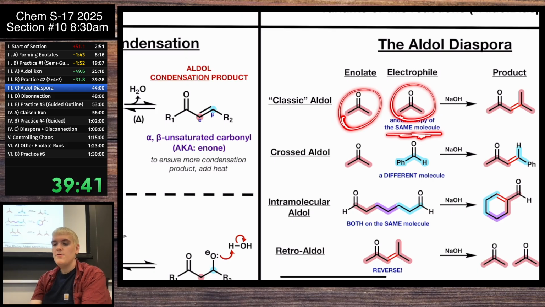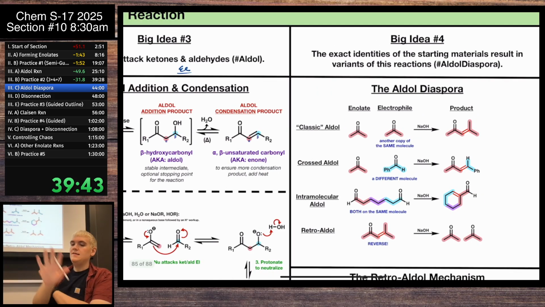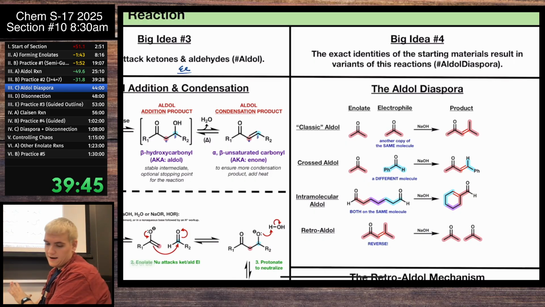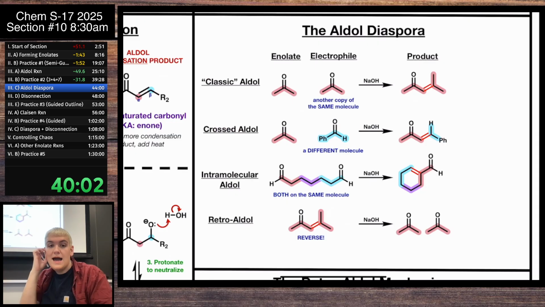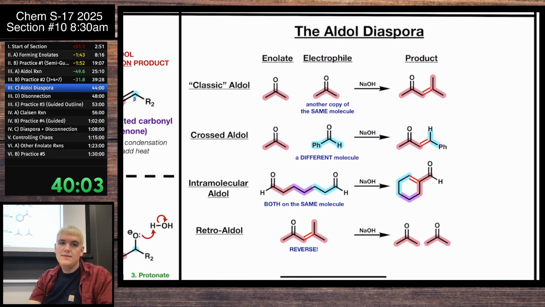But we can do a lot of variants of this, and we can see the whole aldol diaspora here, where aldol can attack other things. The only thing that makes it an aldol reaction is attacking a ketone or an aldehyde as our electrophile, but the exact identities can be different. And this is something I haven't seen commented upon in any other textbooks. So maybe I discovered it.